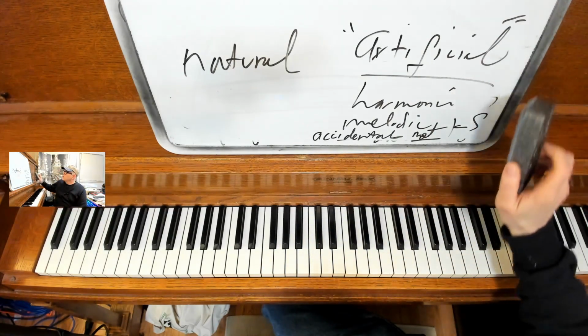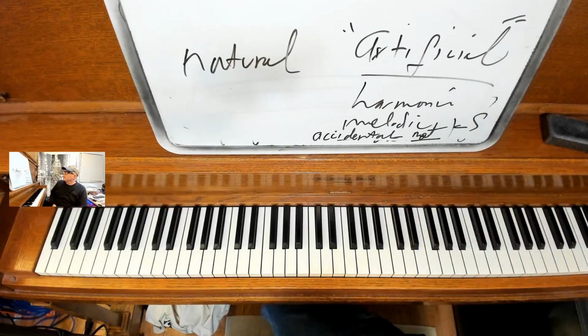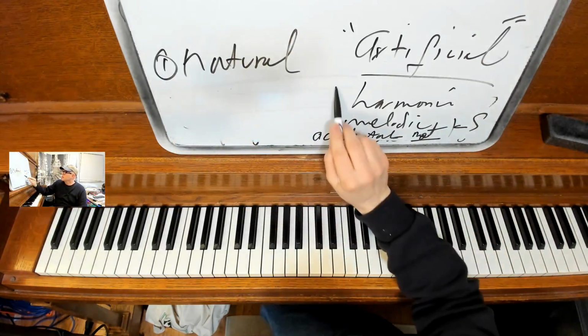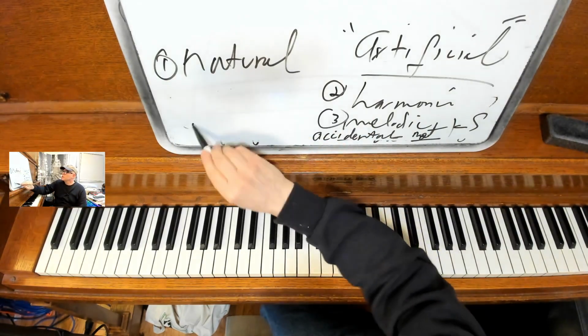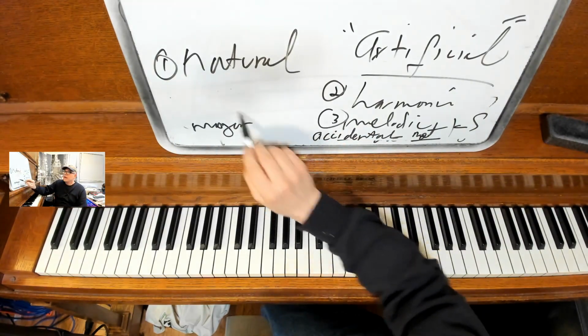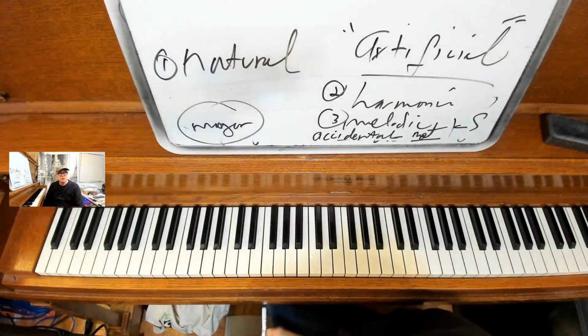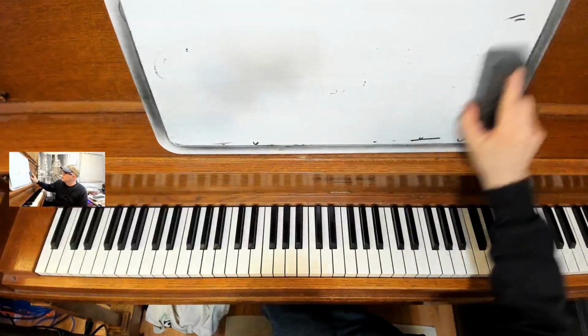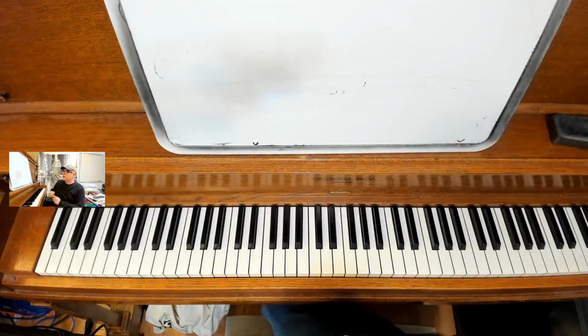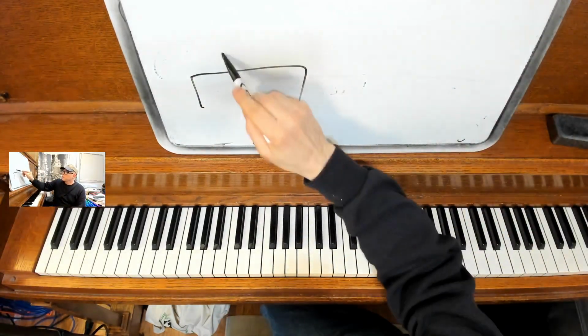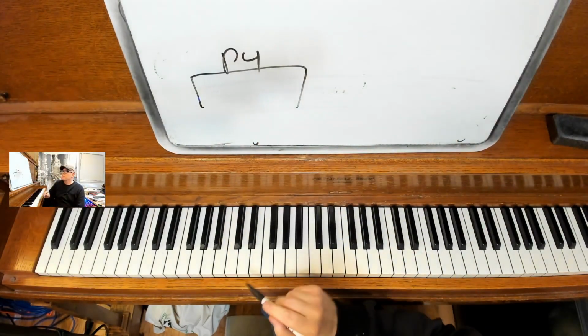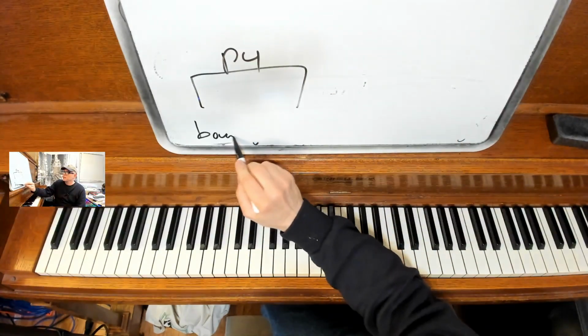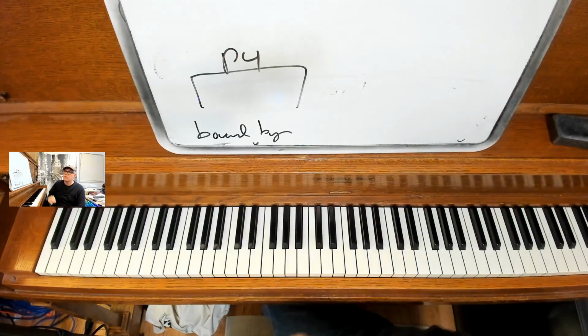You can make all three of these scales, including the major scale, and all you need to do is know 4 different tetrachords, and those 4 tetrachords all have the same thing in common. What do they have in common? They have the perfect fourth. We say they're bound by the perfect fourth.